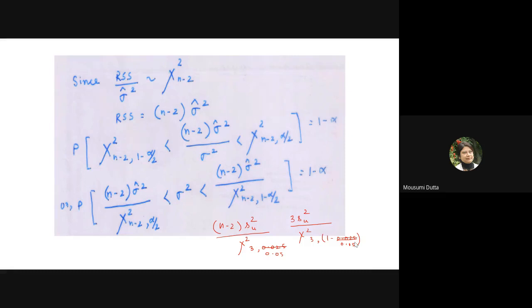Anybody, would you please check the chi-square table and tell me what will be the values then? Chi-square 3, 0.05.